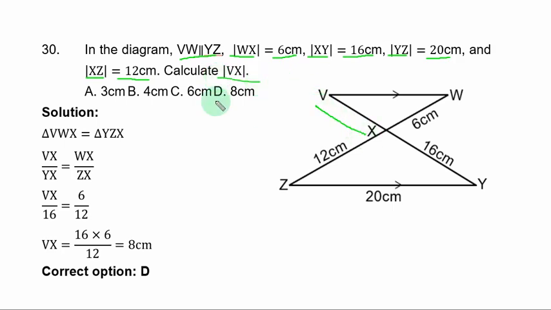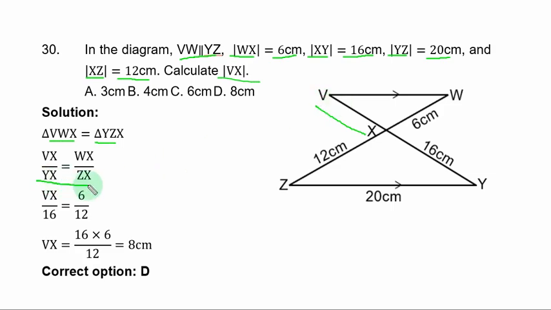In that diagram, you have two triangles, VWS and YZS. The two triangles are similar. That means the ratios of their sides are also equal. So the ratio of VS to YS is equal to the ratio of WS to ZS.